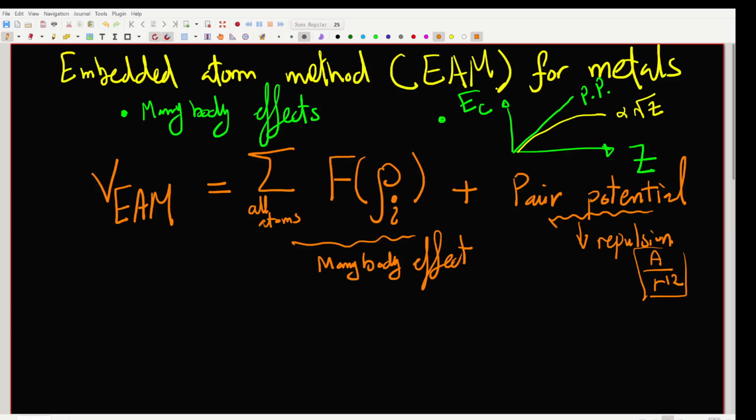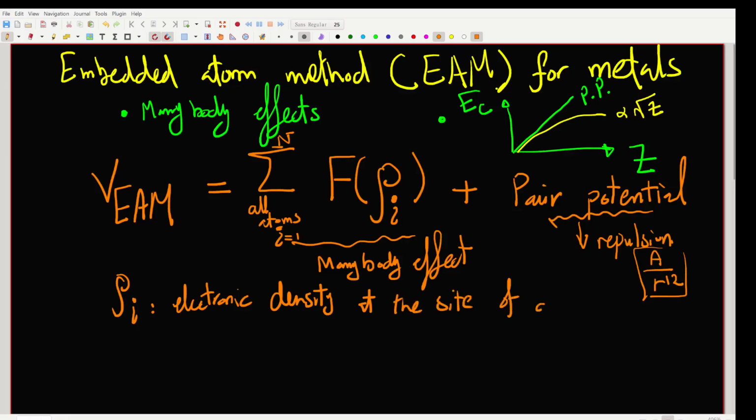That's to say, it's a sum over i, from i equals 1 to N atoms. You calculate the electronic density, or charge density, at this site, which is rho i, the electronic density at the site of atom i. Then you plug in this electronic density into some functional.